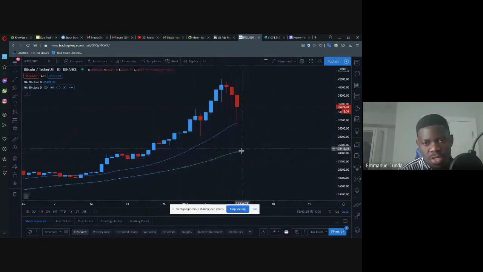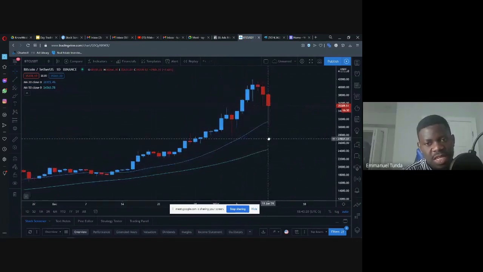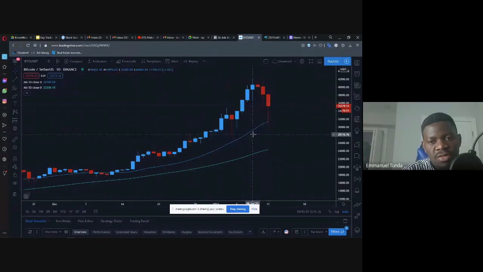All right. So what this does is give you an idea of what the price did in the last 50 candles. So what I usually do is I look at the movement of the price from the 20 moving average. And from that 20 moving average, it's going to tell you how strong the trend is.